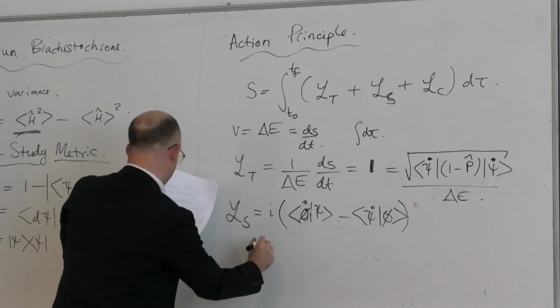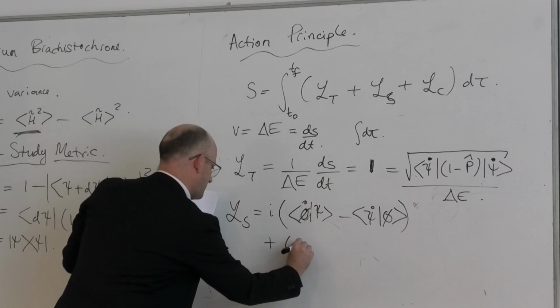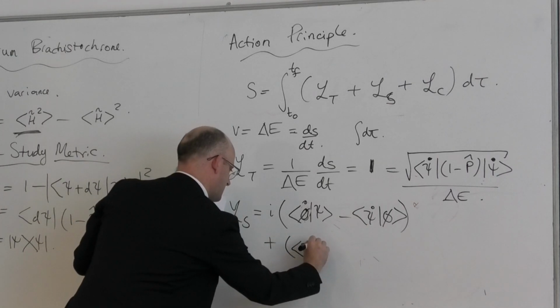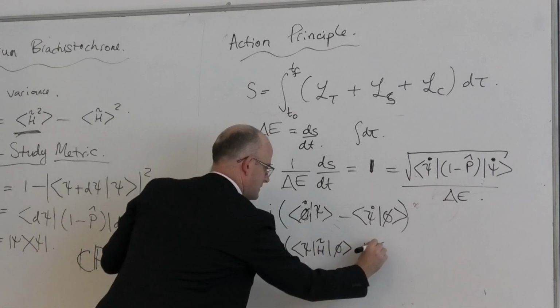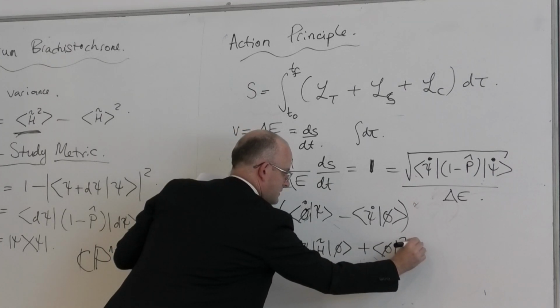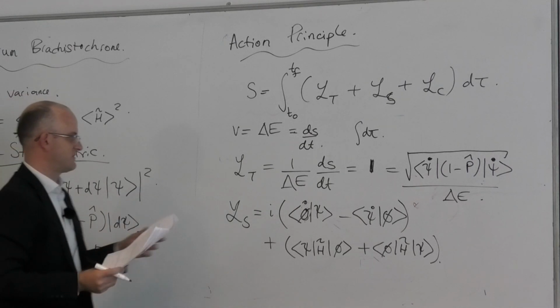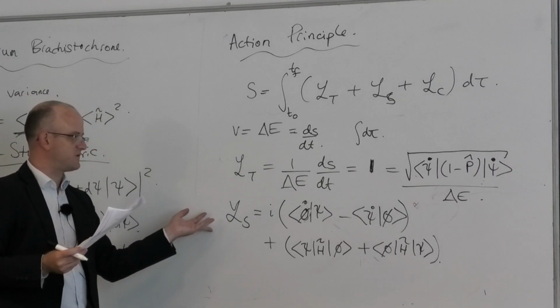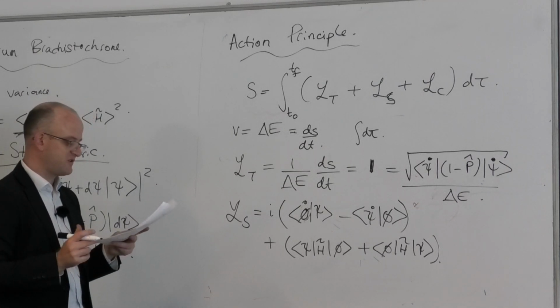I'll explain what all these bits are. What this bit does is essentially just holds everything to follow the correct quantum dynamics, which in this case is the Schrödinger equation.